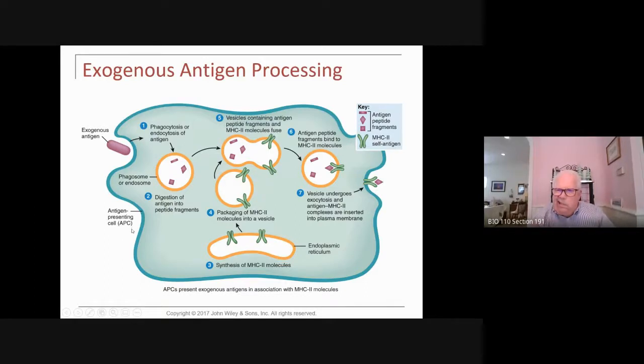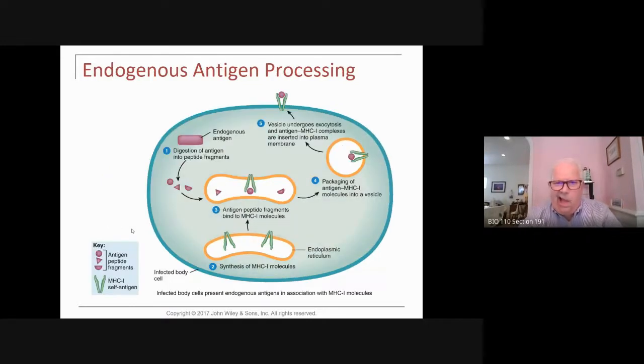That APC will then take it to a T cell or a B cell and say, here, kill this. And either the T cell will directly kill it, or the B cell will produce antibodies to directly kill it. Does that make sense, guys?